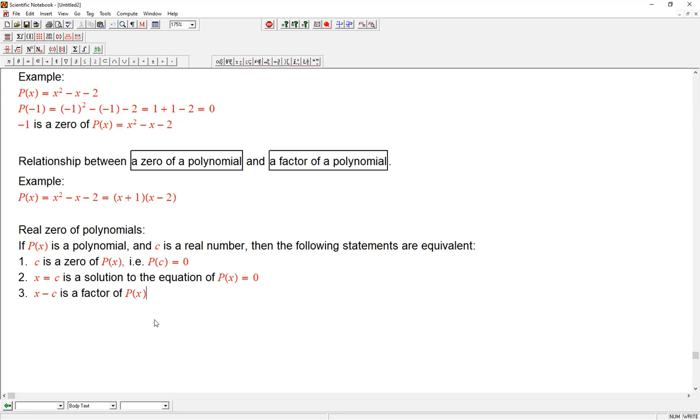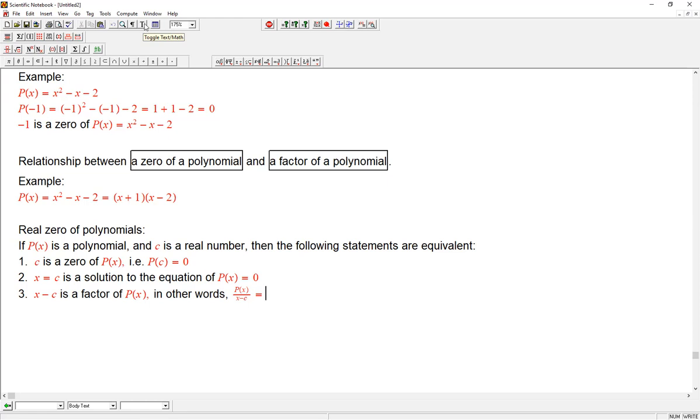If we divide P of X by X minus C, we will elaborate on this one, but this is a very useful piece, we're going to get a quotient.